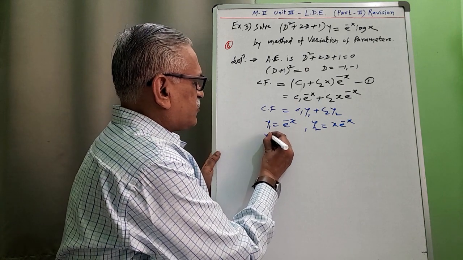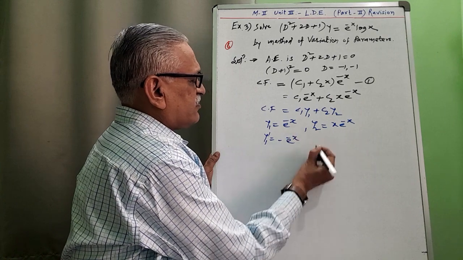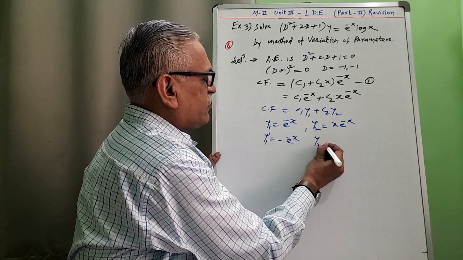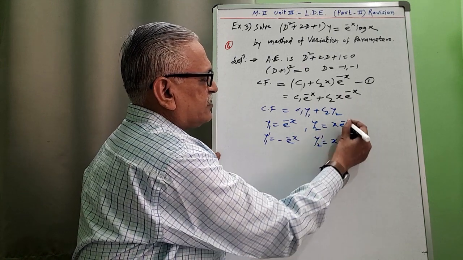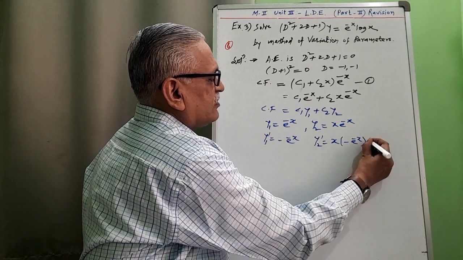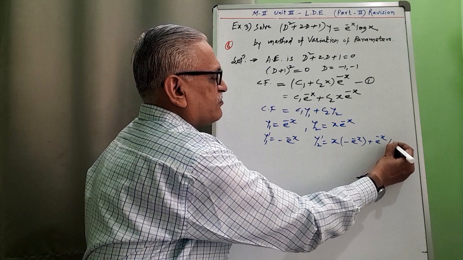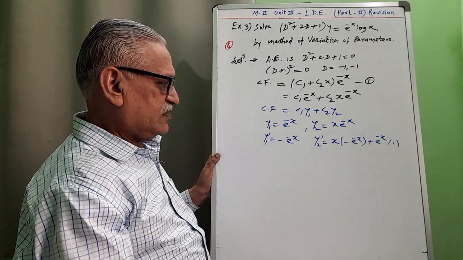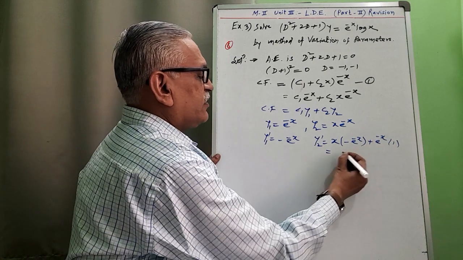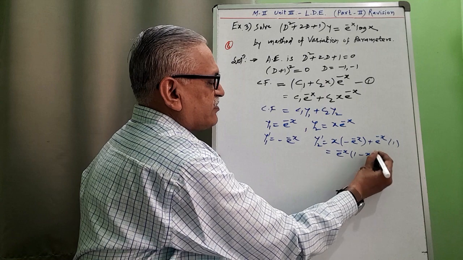Differentiating this with respect to x, we get derivative as minus e raised to minus x. Differentiating it by product rule, we get y2 dash as first term x, derivative is minus e raised to minus x. Second term as it is e raised to minus x, and derivative of x is 1. e raised to minus x we can take common. Remaining terms are 1 minus x.